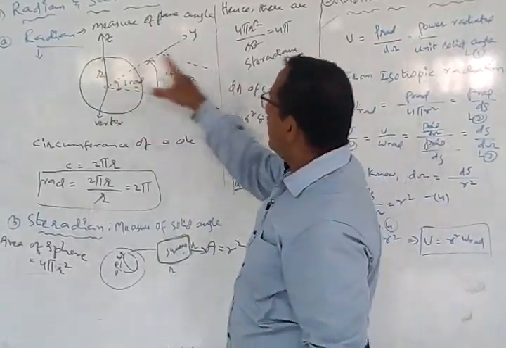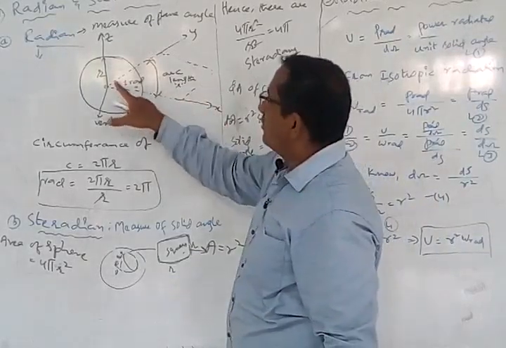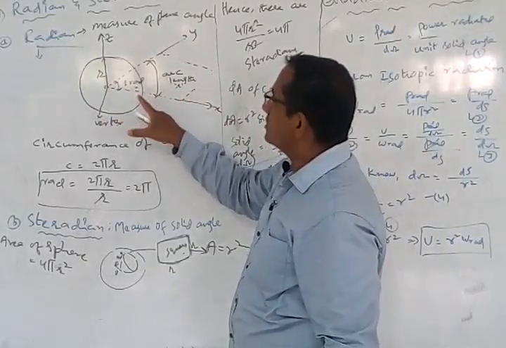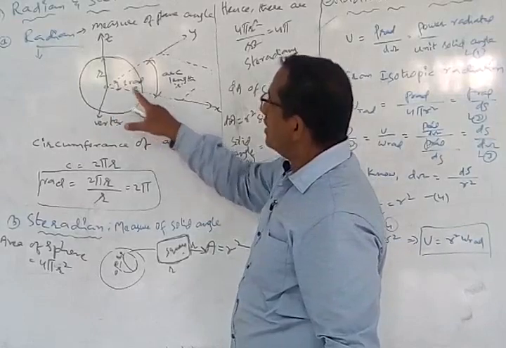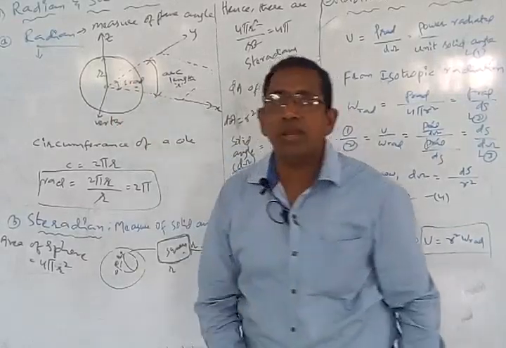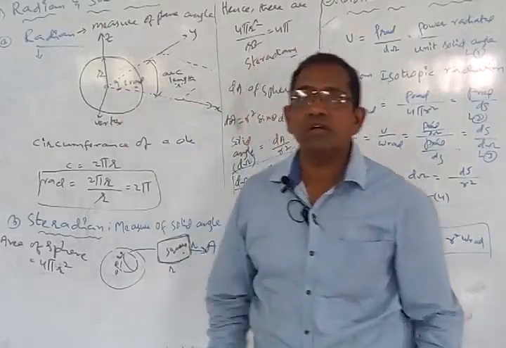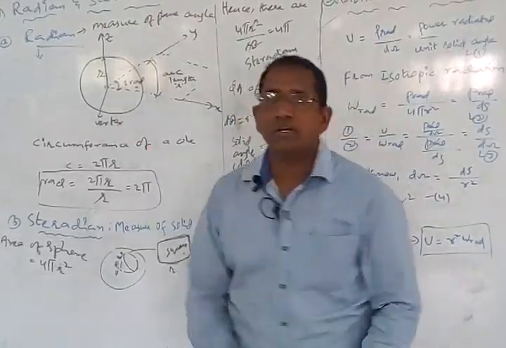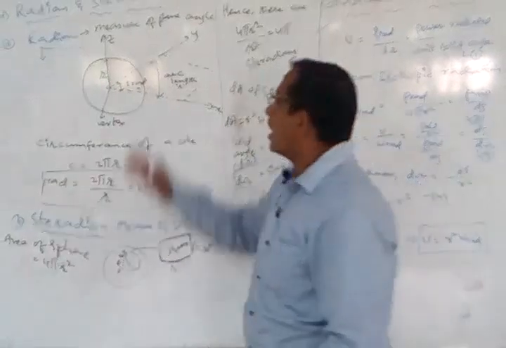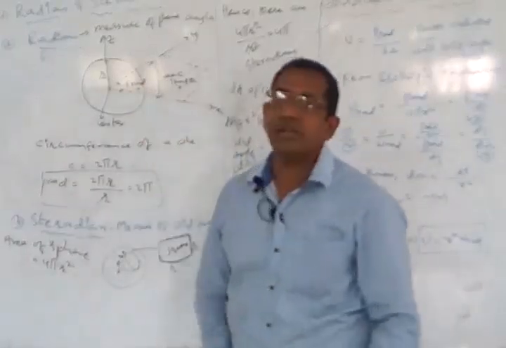So radian is defined as the plane angle with vertex at the center of the circle that is subtended to an arc of length L, is known as a radian.